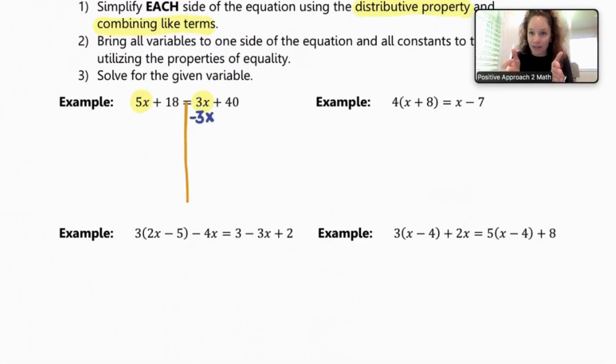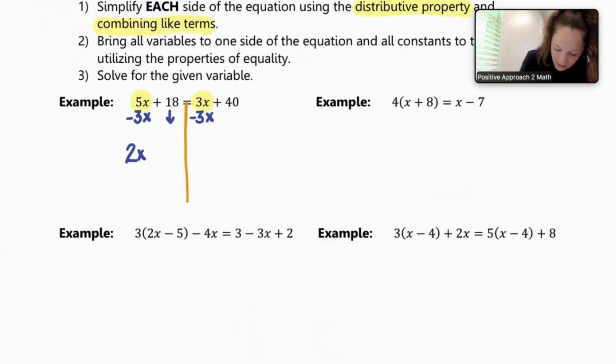And if I subtract it on one side, I have to subtract it on the other side. And I'm going to make sure I align it with its like terms. So 5x minus 3x, that's going to simplify down to 2x. I didn't do anything with that plus 18, so I'm going to draw my arrow to make sure I know to just bring it on down.